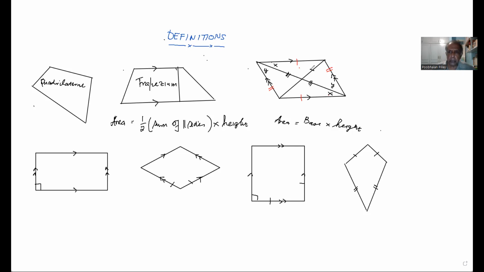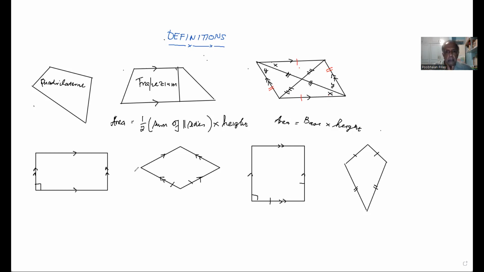And likewise, these two parts are also equal. So each diagonal, we say, bisects the other diagonal. Another way of saying it is that the diagonals of a parallelogram bisect each other. So that's another very important property of a parallelogram.